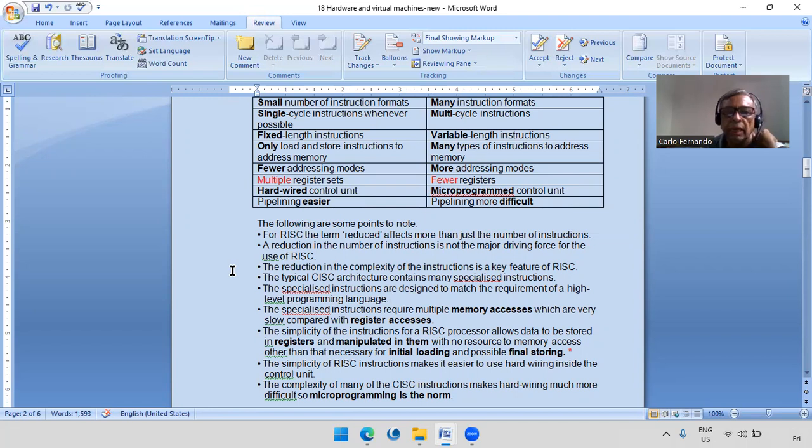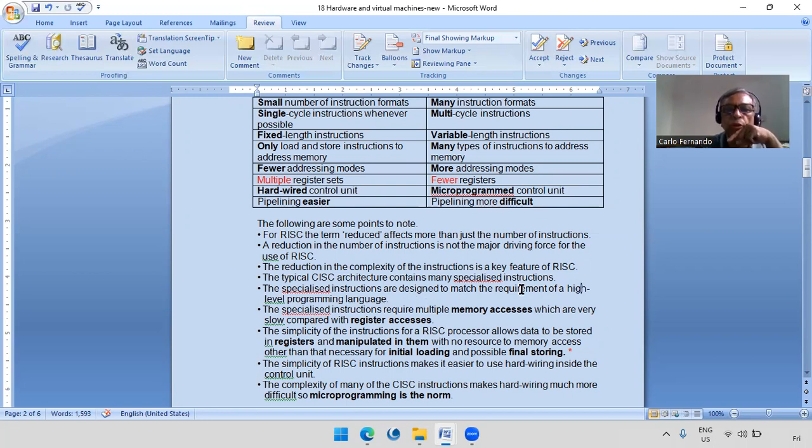Then the typical CISC architecture contains many specialized instructions. Again, if you consider this CISC, many specialized instructions, so complex. The specialized instructions are designed to match the requirement of a high-level programming language.